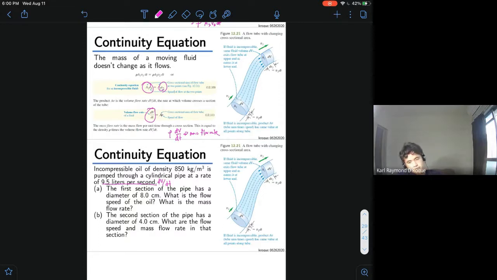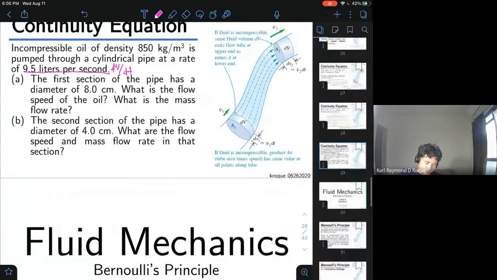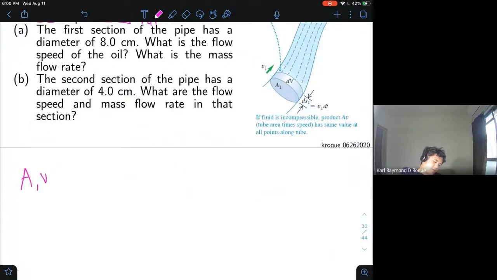Okay. Alam natin yung continuity equation, A1V1 equals A2V2. Ano pa yung isa nating nalaman? dV over dt equals A1V1.